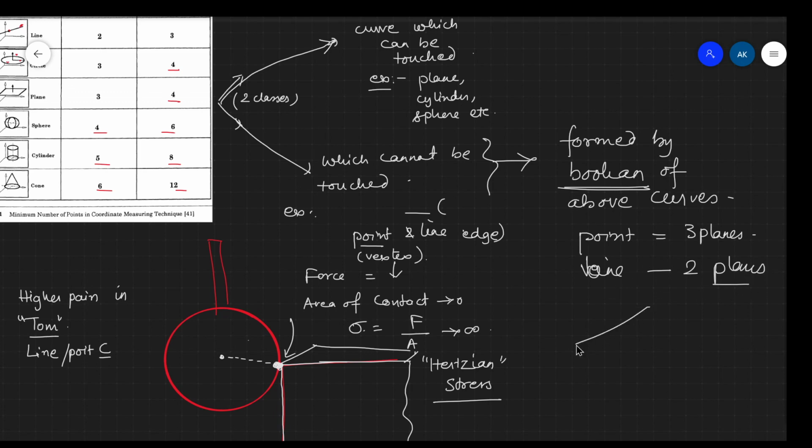Like you take two planes and just intersect them. You will get a line. Okay. So this plane 1 and this plane 2, their Boolean is this line. Similarly, if there is one more plane over here, then this will become the vertex. It is the Boolean of three planes, 1, 2, 3. So this is one thing.